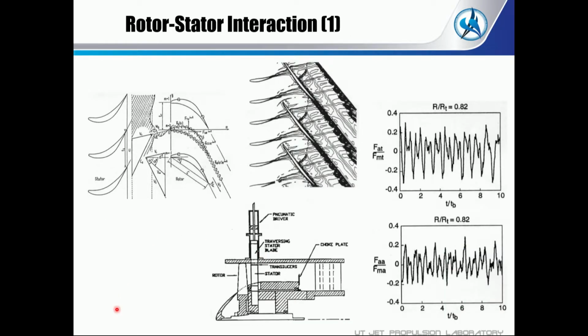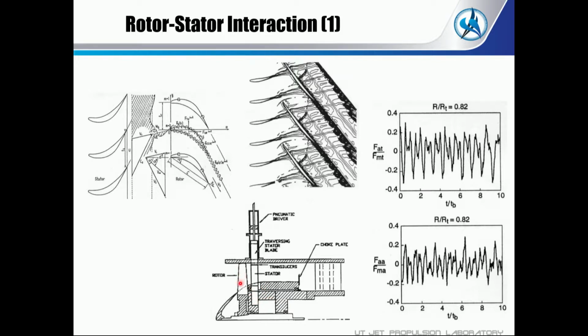This is an inlet guide vane and rotor blade here. The wake of the inlet guide vane is cut by the rotating cascade like this. In this situation, this is a measurement of the aerodynamic force on the blade. It was executed at MIT a very long time ago.